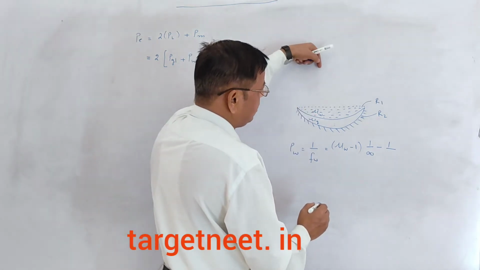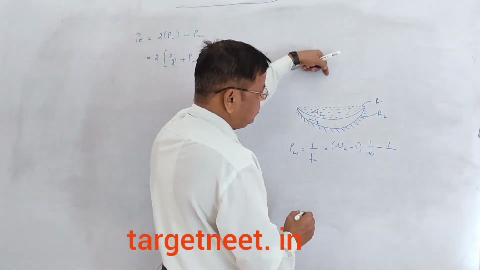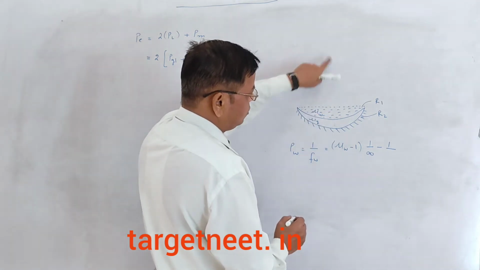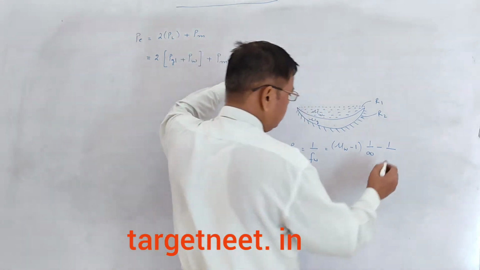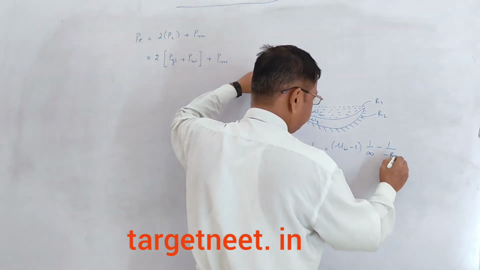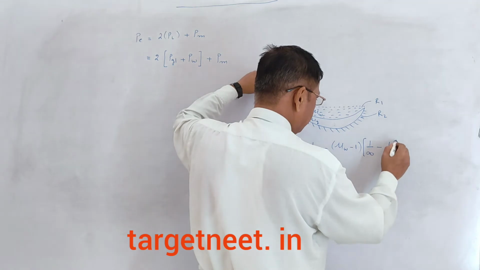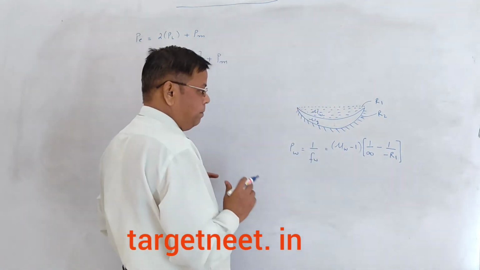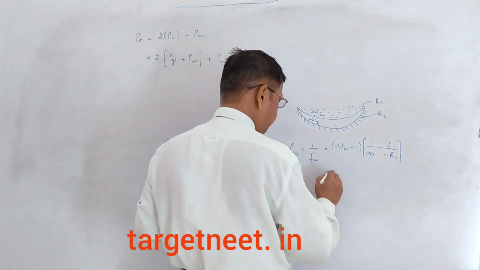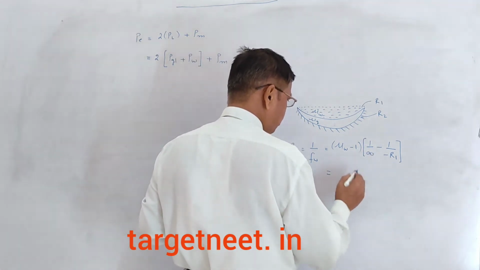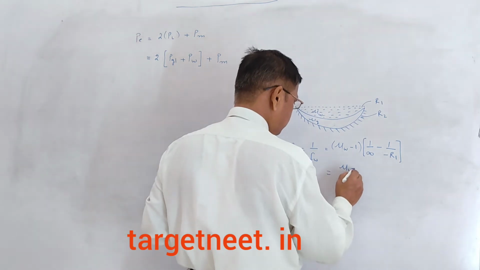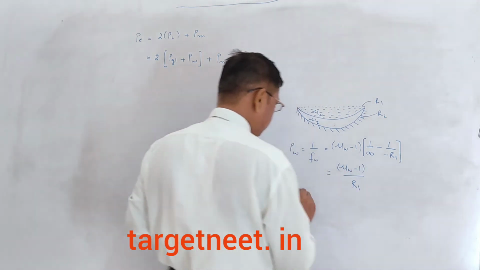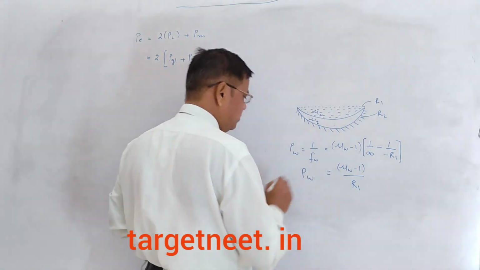R2 is negative because I take the incident ray in this direction, and you have to measure R2 in this direction for the water lens. So it is minus R1. So this becomes positive. So it is mu of water minus 1 divided by R1. This is the power of the water lens.